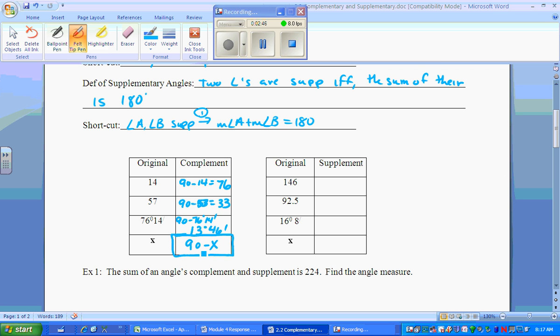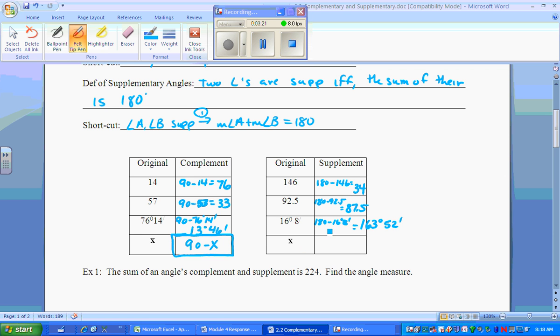For supplement, if the original angle is 146, this time you would do 180 because you want the supplement, minus 146, giving you 34. 92.5 this time, so 180 minus 92.5, giving you the answer of 87.5. 180 minus 16 degrees, 8 minutes, equaling an answer of 163 degrees and 52 minutes.